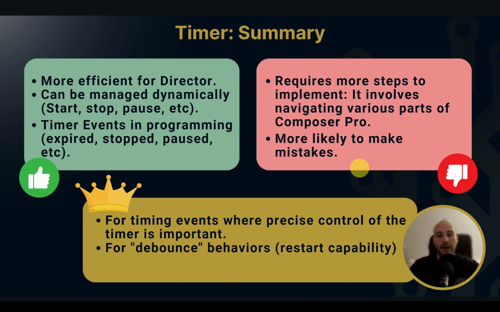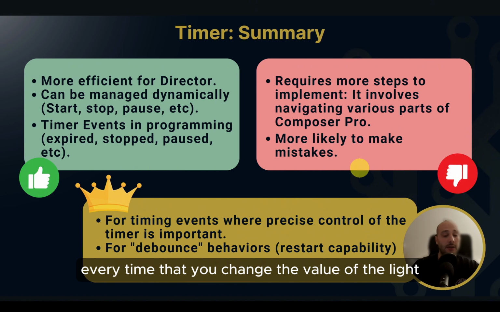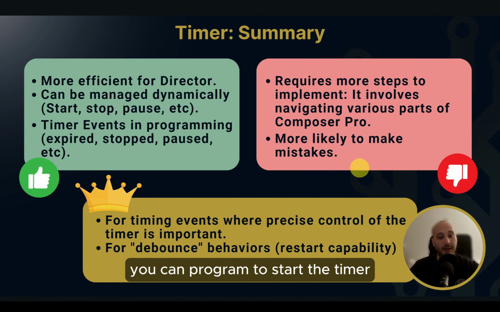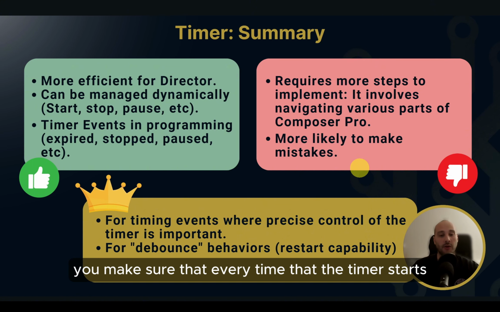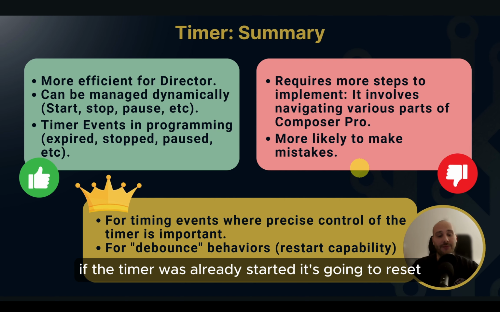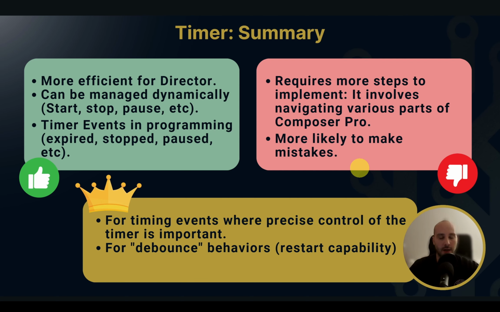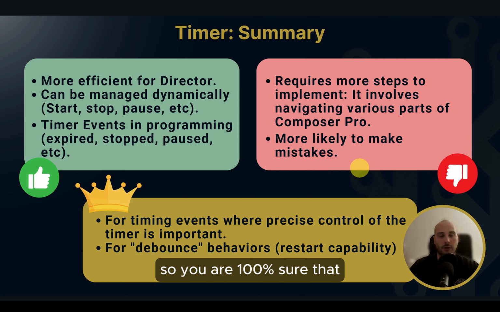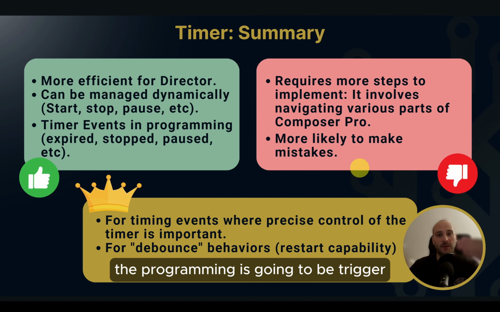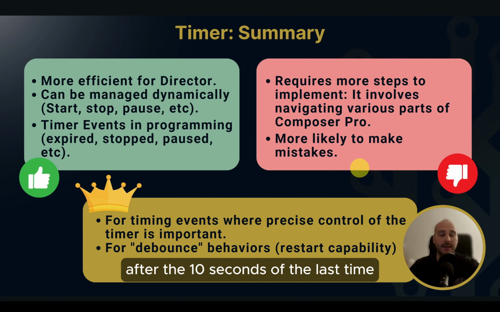Every time that you change the value of the light, you can program it to start the timer. So every time this timer starts, if the timer was already started, it's going to reset. So you are 100% sure that the programming is going to be triggered 10 seconds after the last time you set the value of the light.